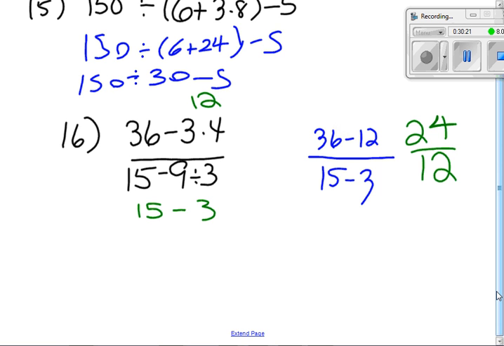Peter, you want to help him? What's 24 divided by 12? 2. You subtracted it, that's all. Okay, that's it.